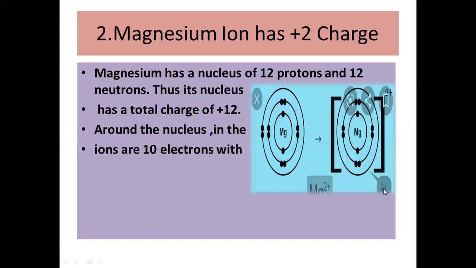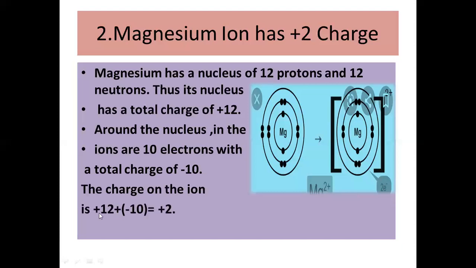Instead of 12, I now have 10 electrons, with a total charge of -10. Protons are 12, so +12, and electrons are 10, so the net charge is +2.